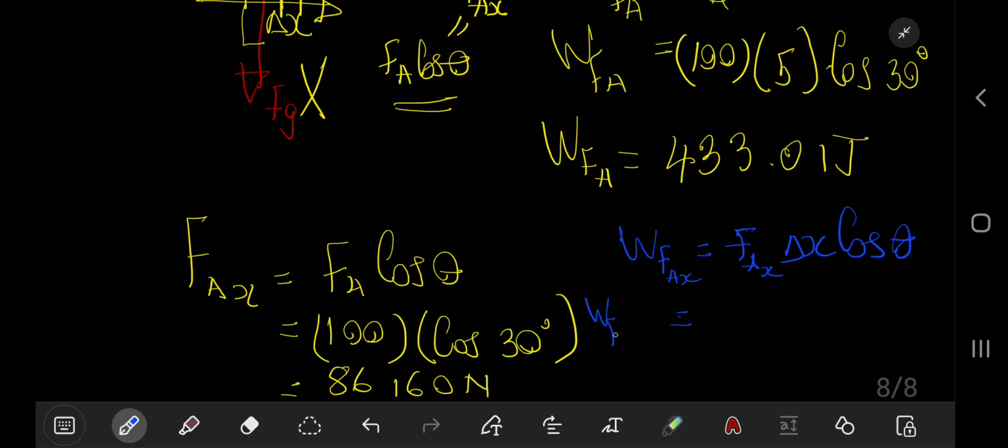That would be 86.60 multiplied by 5 and then multiplied by cos.